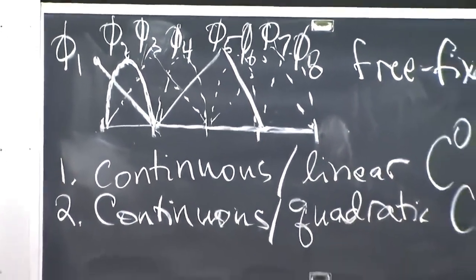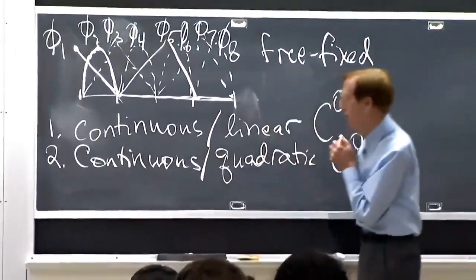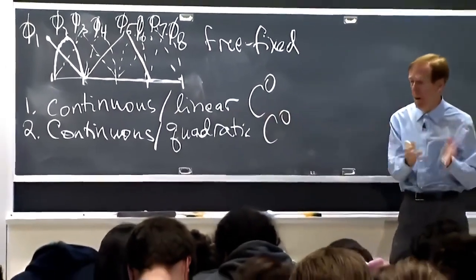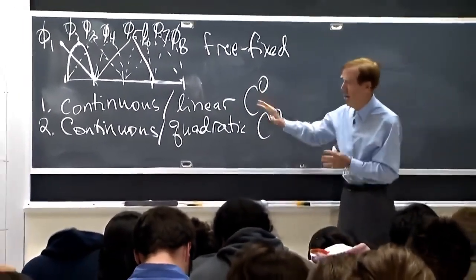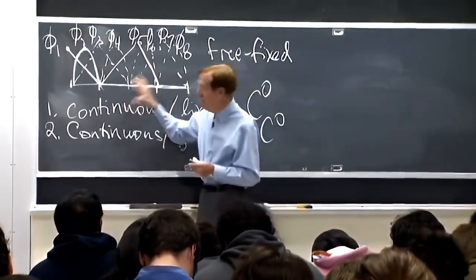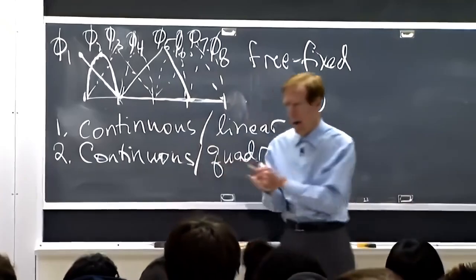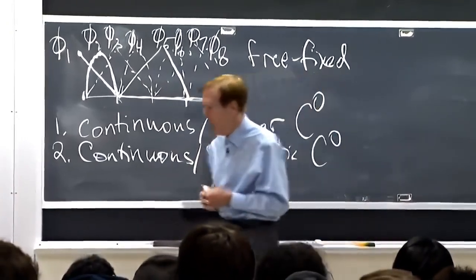So part of the message is we can throw in additional functions. They don't have to be polynomials, but those are the simplest choices. Why are they simple? Because you remember that in the end, when I made the choice, I have to do various integrations.